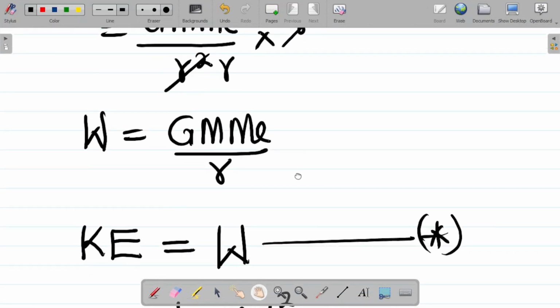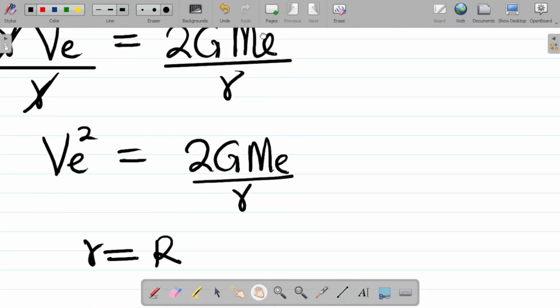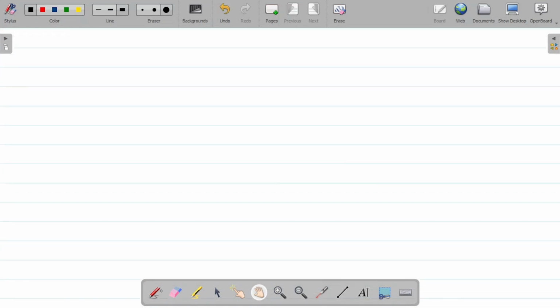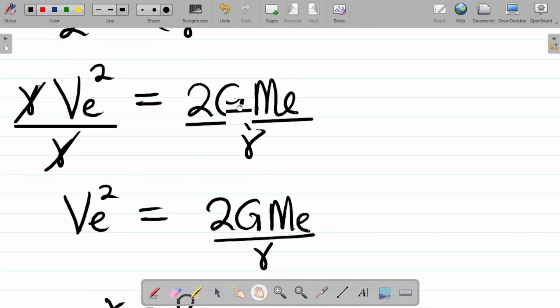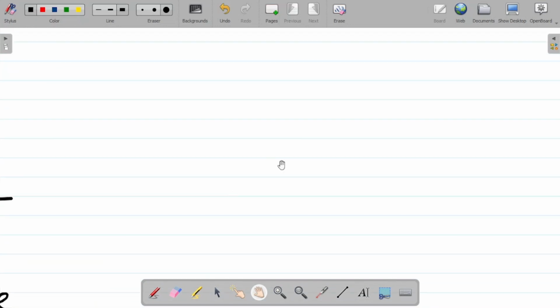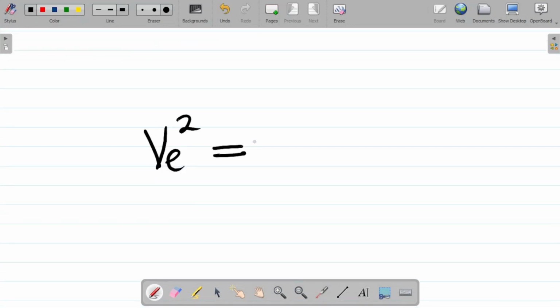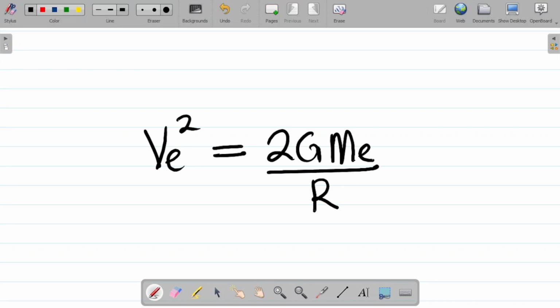So in that case, r is equal to R. So what do we have from here? We have that escape velocity squared is equal to 2 times G times mass of the earth all over R, the radius of the earth.